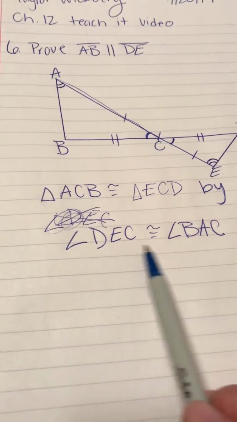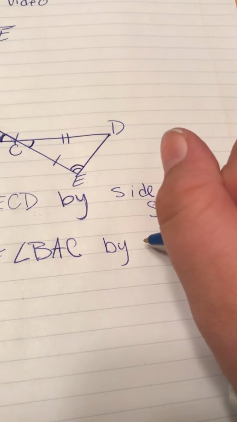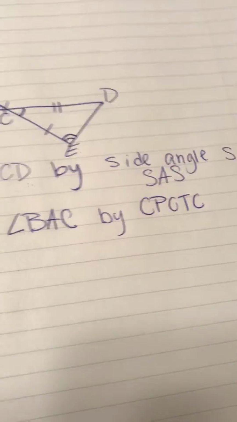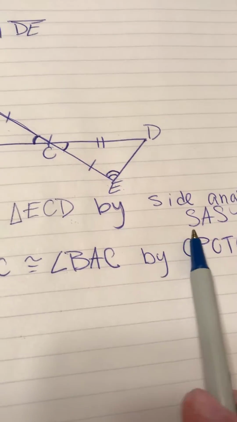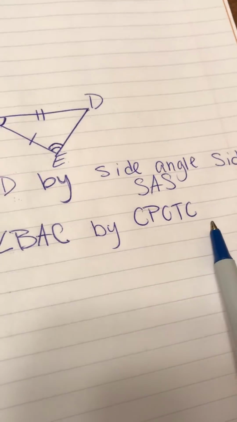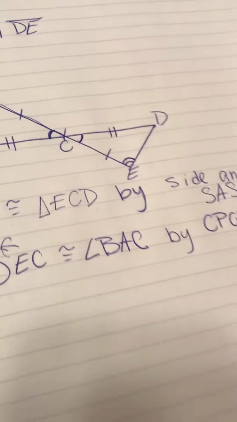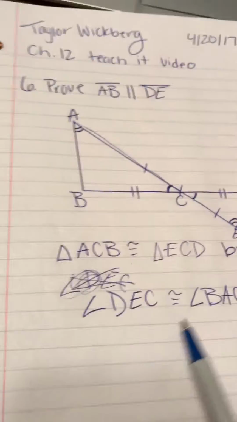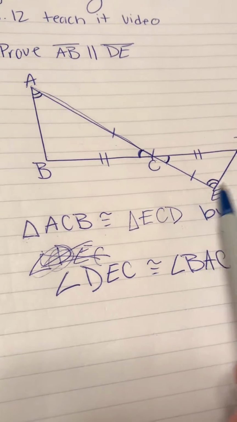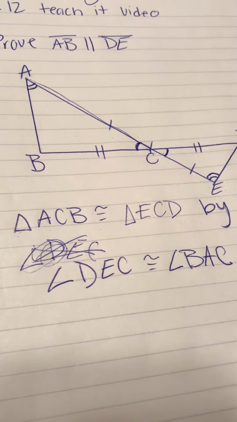By, so we know that this is congruent by, I'm going to use an acronym, CPCTC. And what that means is corresponding parts of congruent triangles that are congruent. So they are congruent because the angles in the triangle are congruent.